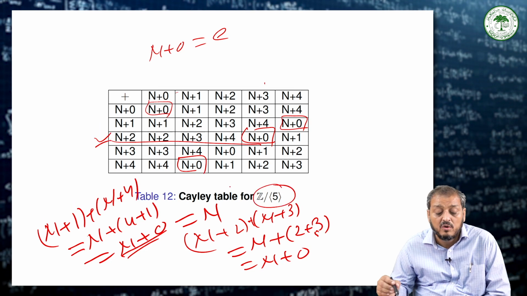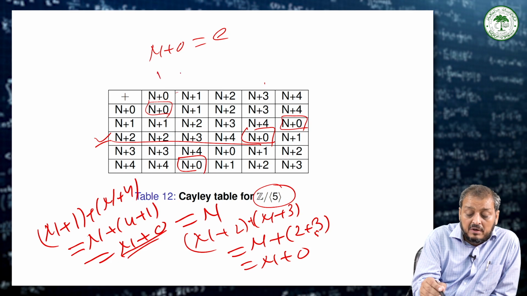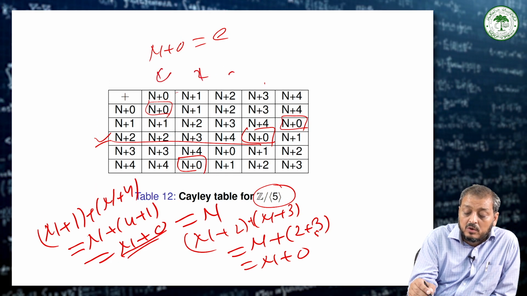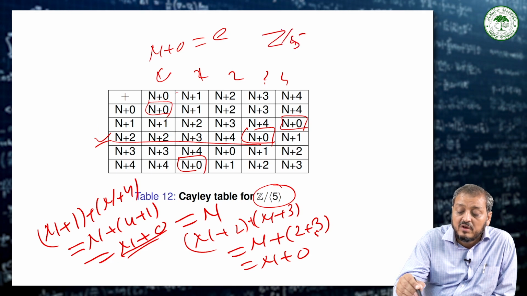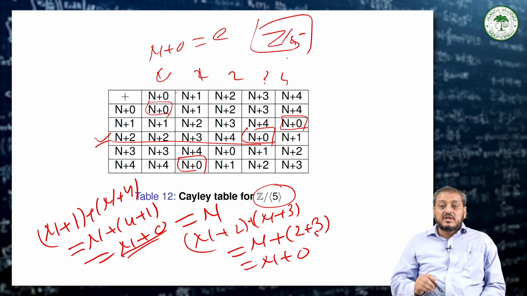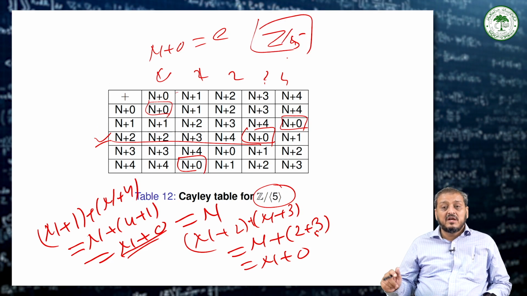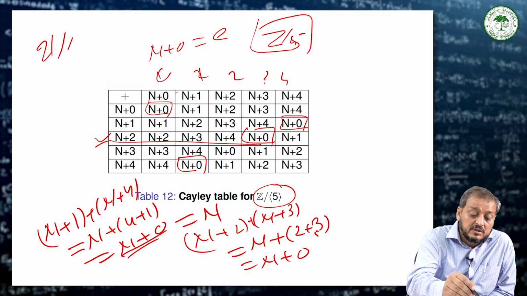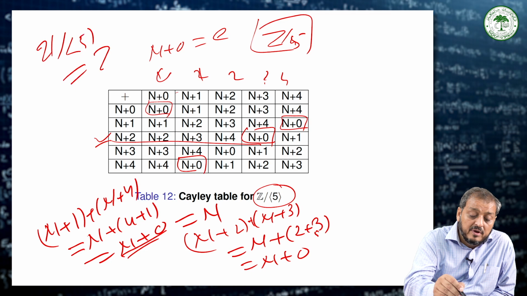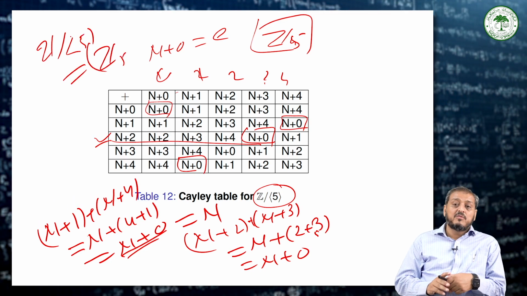And similarly for the others, this is the same as the table of Z5, with 0, 1, 2, 3, 4, and it has all the properties of Z5. So this satisfies all the properties of Z5. So clearly we can say that this quotient group, Z over the subgroup generated by 5, is the same as Z5, that is, the same as the integers under addition modulo 5.